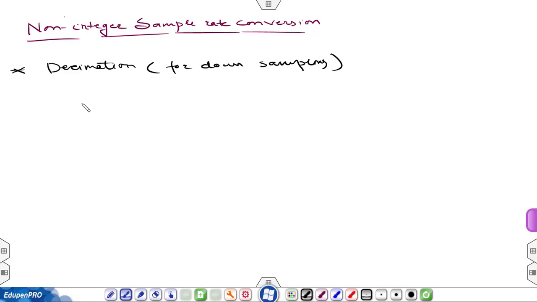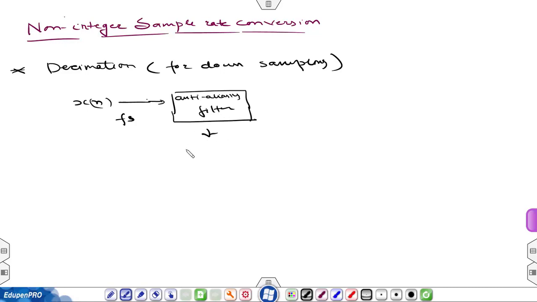So what we have done: we gave the input sample x[n] with sampling rate fs to an anti-aliasing filter first, with cutoff frequency omega naught equal to pi by M, where M is the downsampling factor.